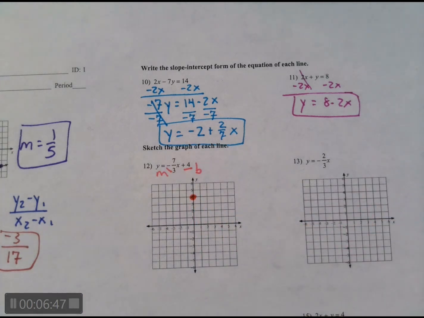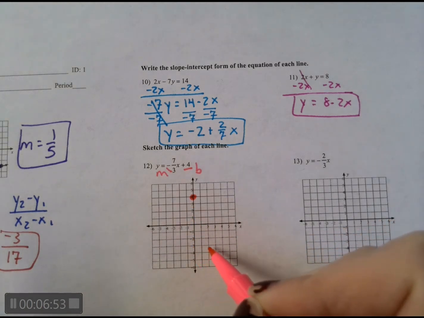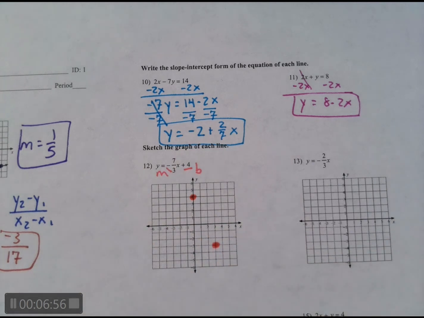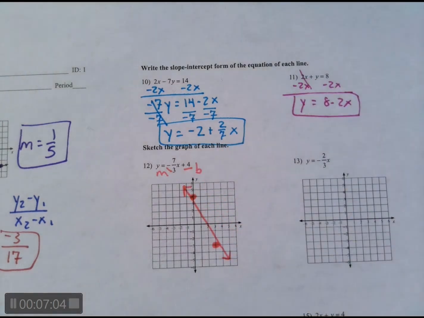And then it tells me to go down 7 to the right 3. 1, 2, 3, 4, 5, 6, 7. 1, 2, 3. Okay? And since I can't go down 7 or up 7, I can only have 2 points on this one. And that's perfectly okay.